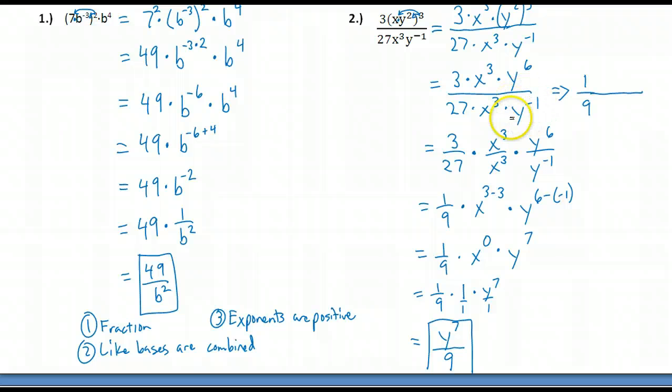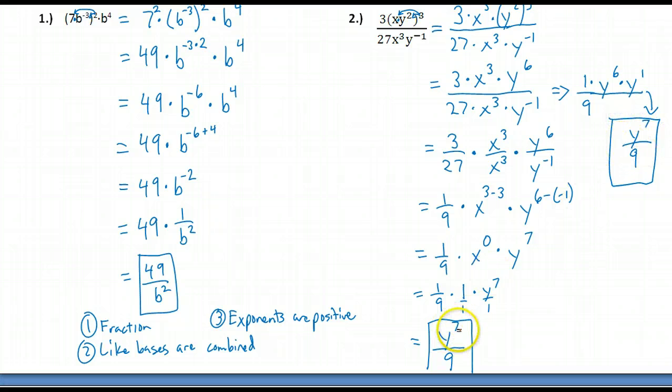And then I could have taken this y to the negative first power and brought it up to make it positive, which would give me 1 times y to the 6th times y to the 1st, which simplifies down to y to the 7th over 9. Either way, I get the same answer. So it doesn't matter which property I use as long as I do the math correctly.